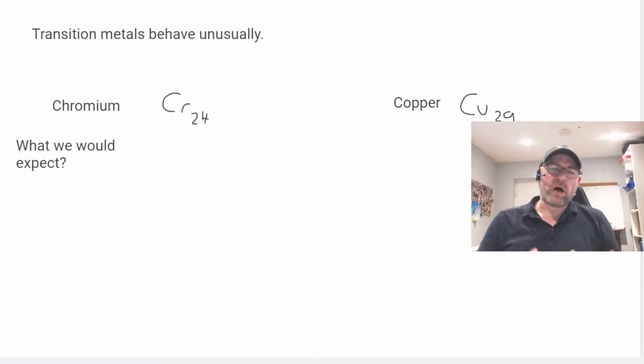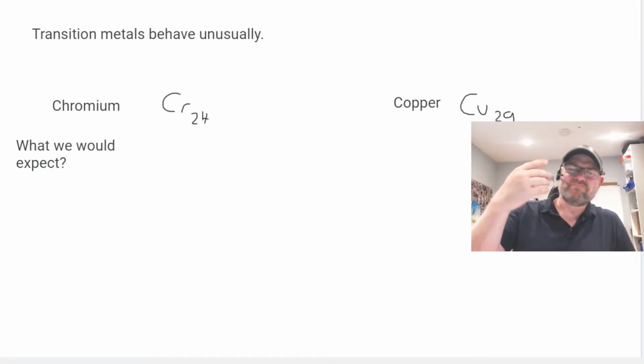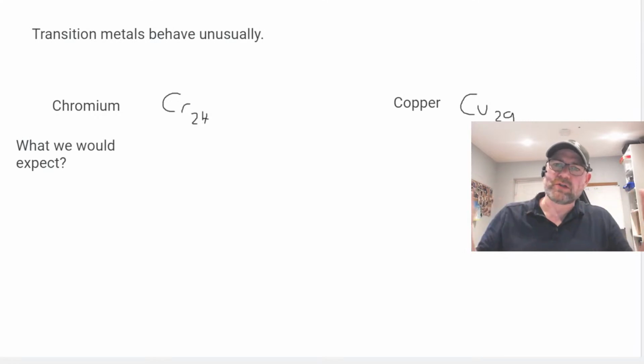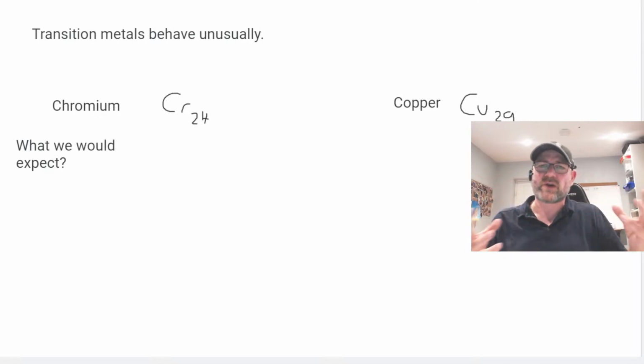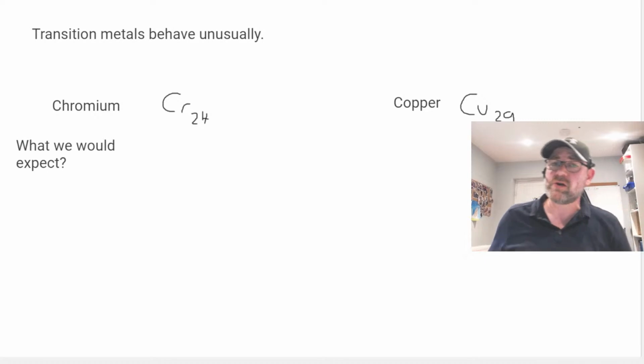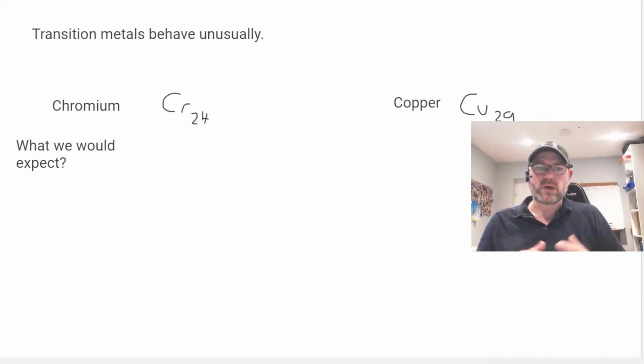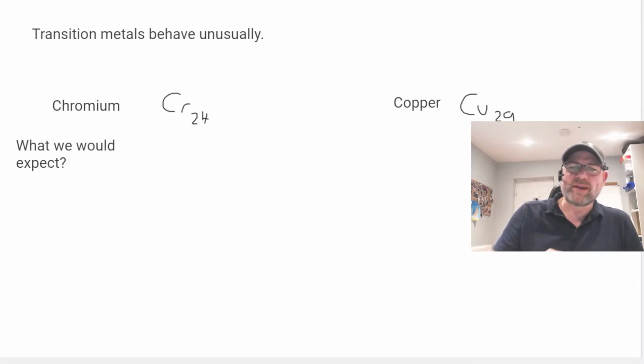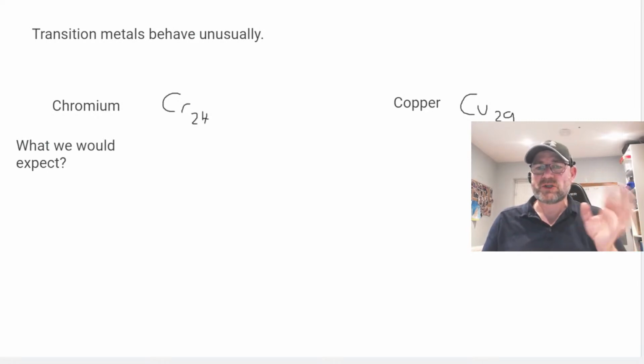So there are two transition metals that behave unusually. You're going to do a lot on the electronic structure of the transition metals and why they behave unusually. It's to do with the 3d subshell, but we'll look at that a bit later. What I'm going to do is pick these two anomalies, two exceptions.